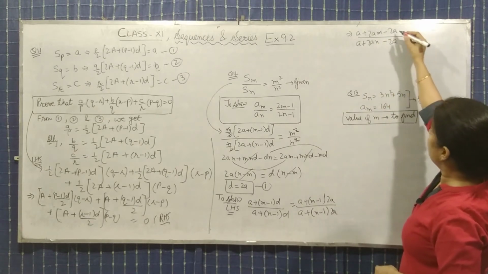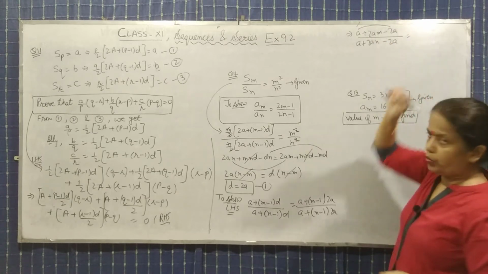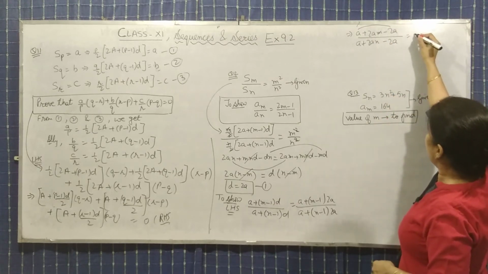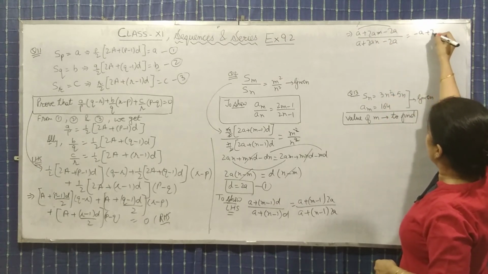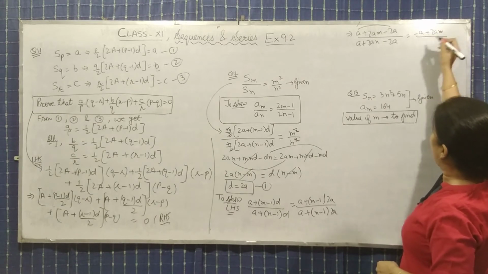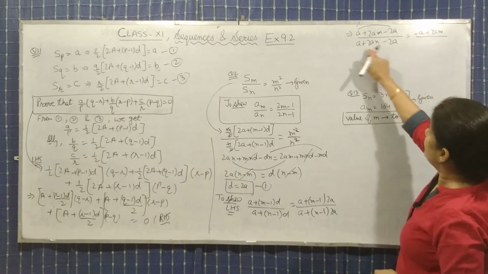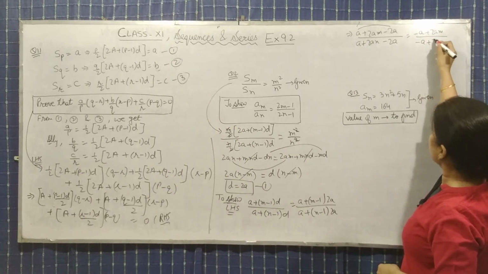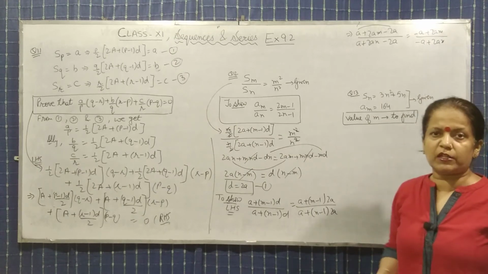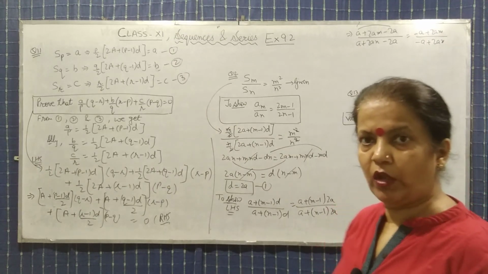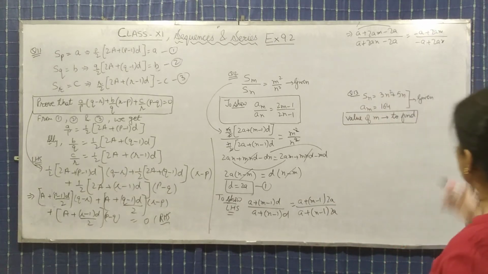Solve it further, this a and 2a together. So you will get minus a plus 2am, and here minus a plus 2an. What should be the next step now? Can you think over the next step?